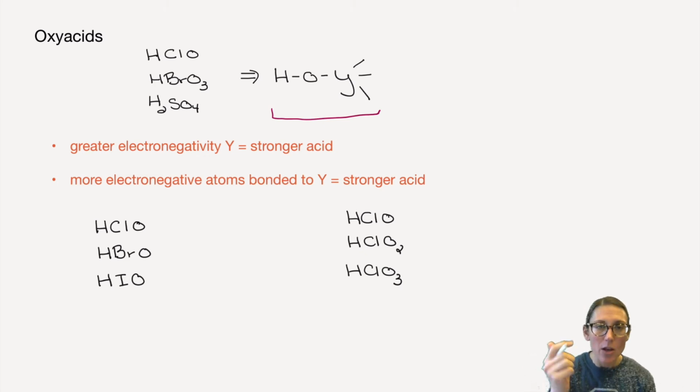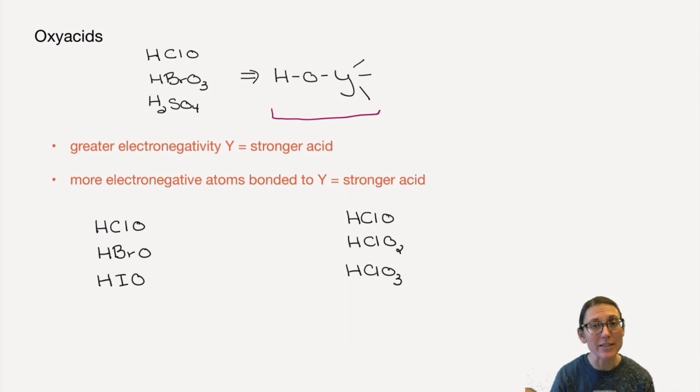and that's going to matter. So when you look at this, first off, when you're looking at acid strength, the greater the electronegativity of that other central atom in your oxyacids, so the chlorine, the bromine, the sulfur, the more it's going to pull electron density towards itself away from the hydrogen, weakening the attraction to that hydrogen and making for a stronger acid.